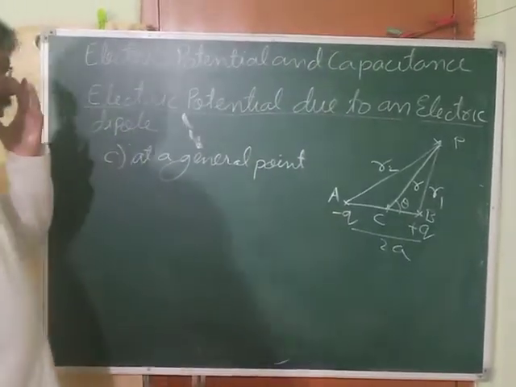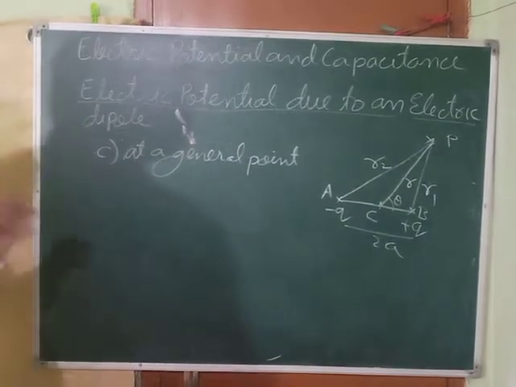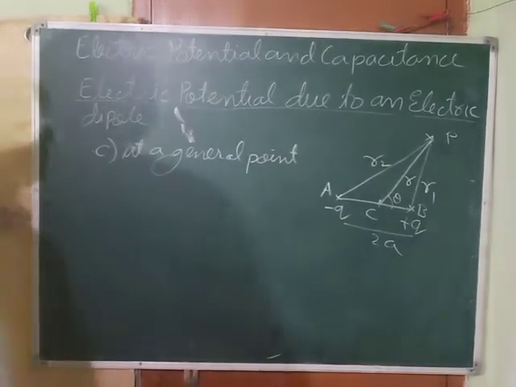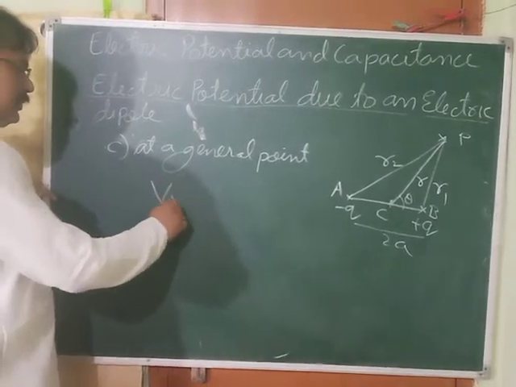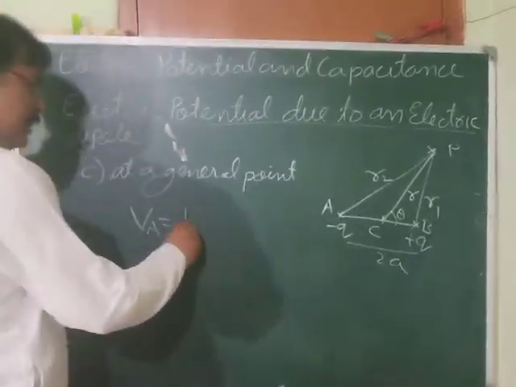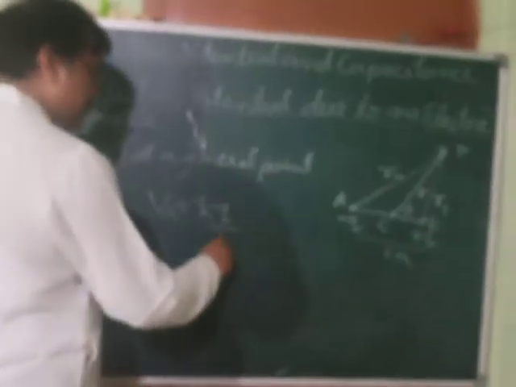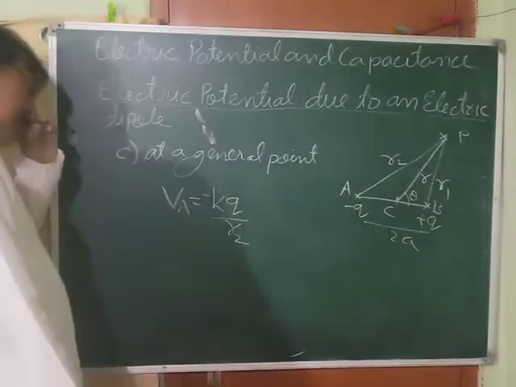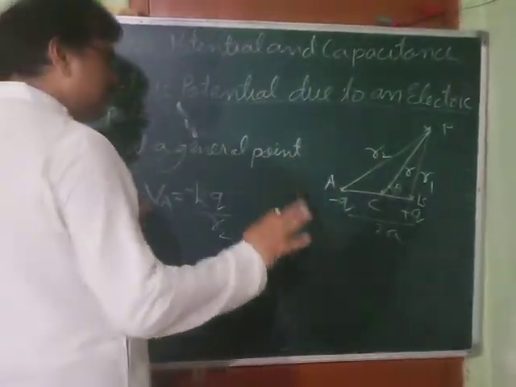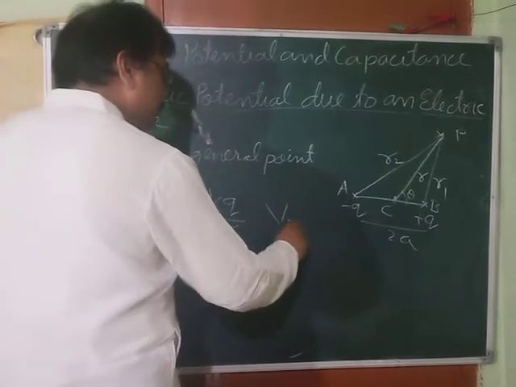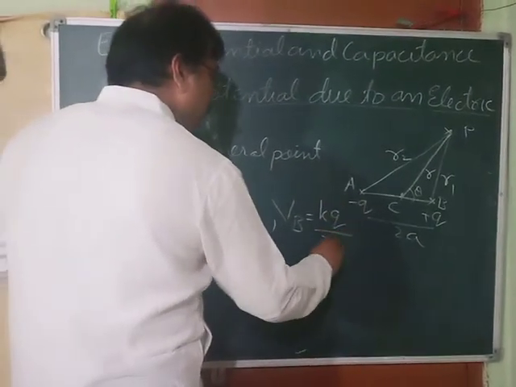Now, what is the potential at point P due to the charge placed at point A? That is equal to K times minus Q upon distance R2. In the same way, the potential at point P due to the charge placed at point B, VB, is equal to KQ upon R1.